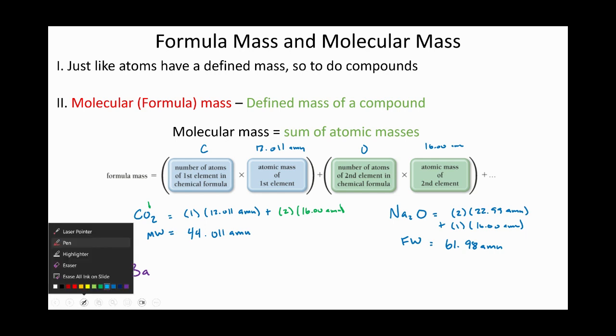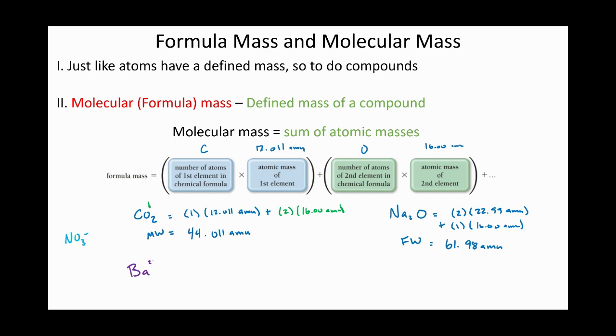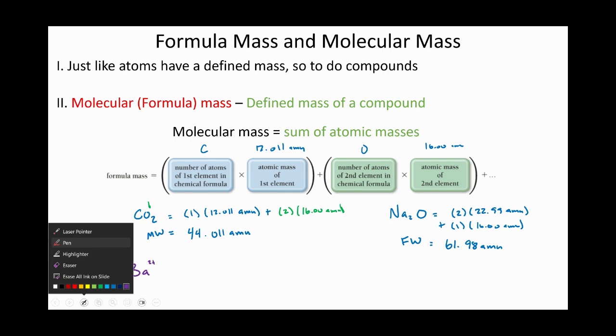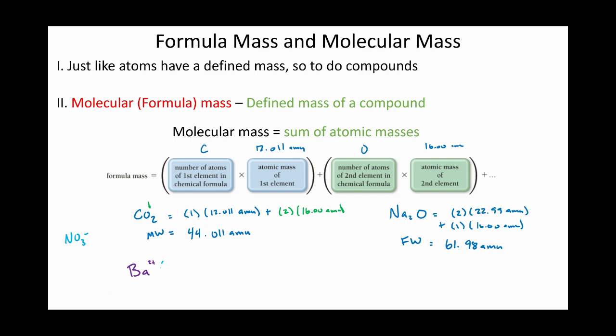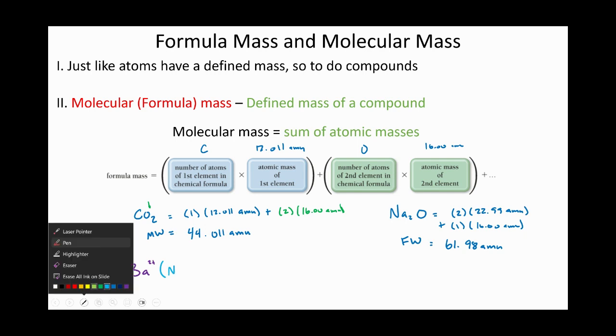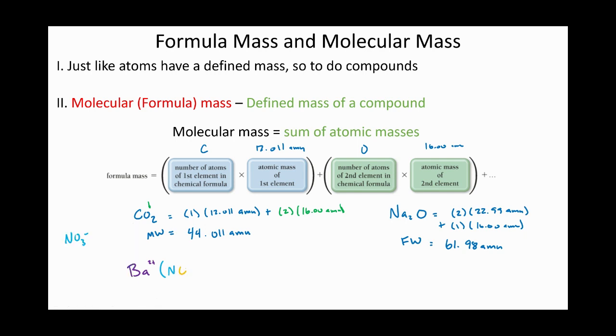When you're matching those up for charge neutrality, in order to cancel the positive charge from the barium, we'll have, in parentheses, NO3, and I'll close the parentheses and put a 2 here because we need two nitrates to balance out the charge of barium, giving us our compound here.